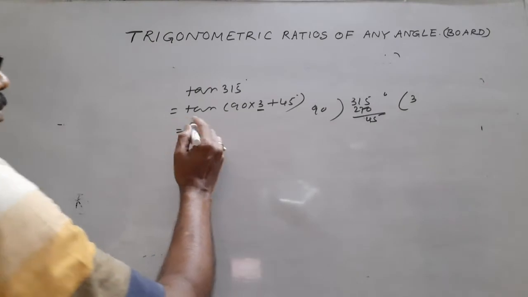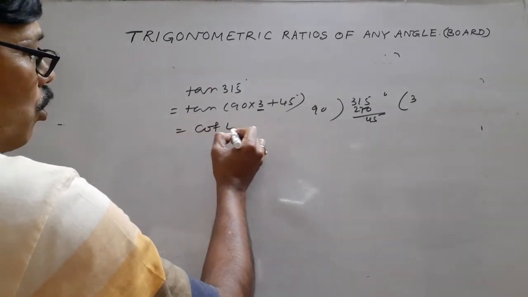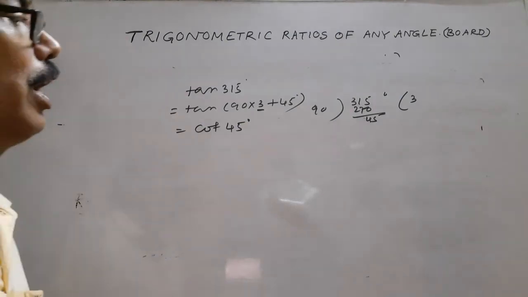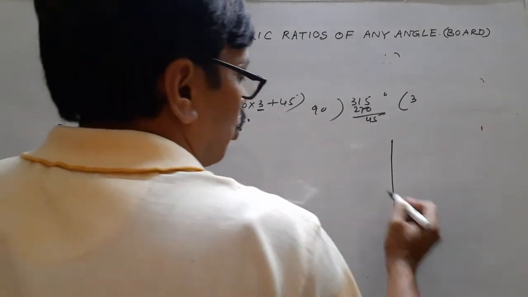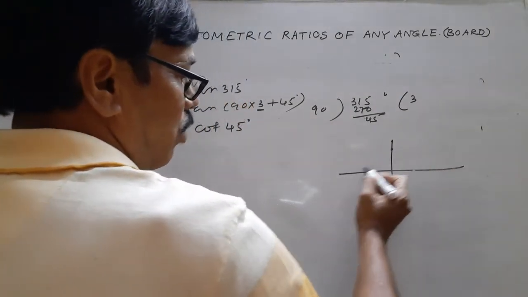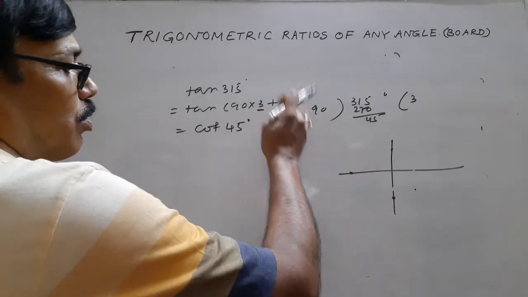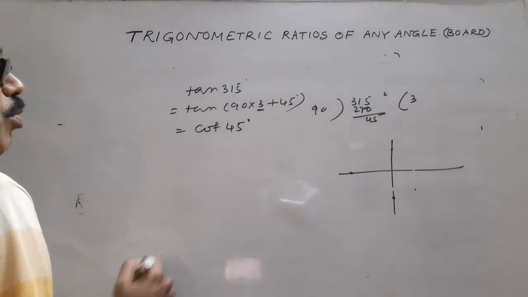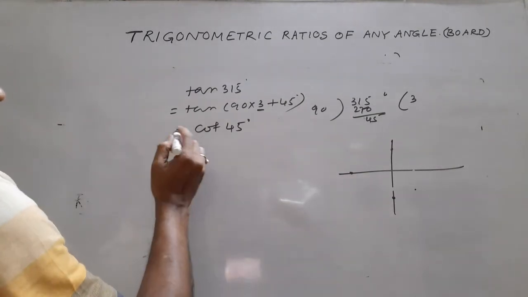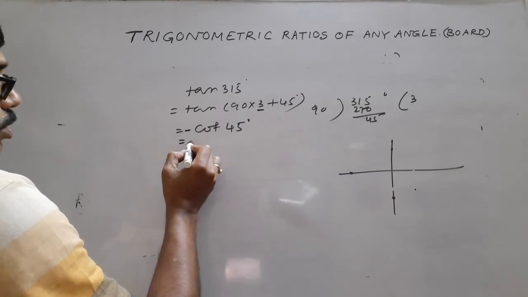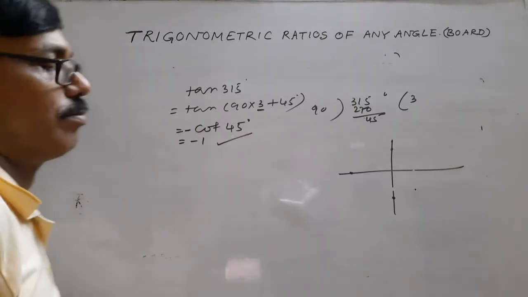So tan will be changed to cot. So cot 45 is 1 by root 2. And it lies in the fourth quadrant. This is 90 into 1, 90 into 2, 90 into 3 plus. So it is in the fourth quadrant. In the fourth quadrant, tan is negative. Therefore it is minus.